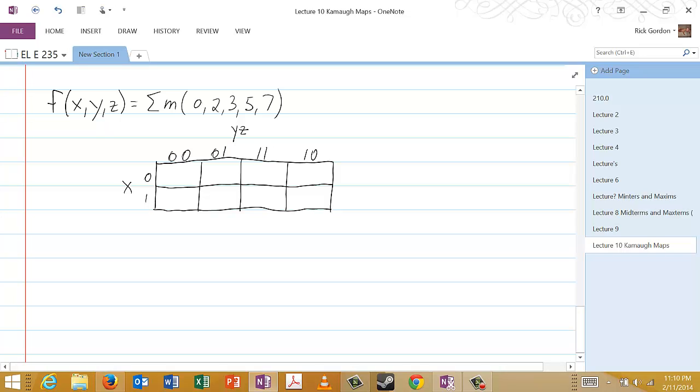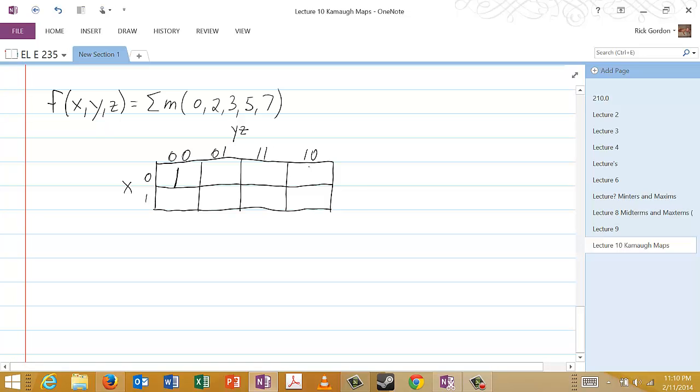Minterm 0, for instance, corresponds to the binary number for 0, which is 0 0 0. And therefore, minterm 0 just gives us a 1 here in this cell. Likewise, 2, how do you express 2 in binary? 0 1 0.